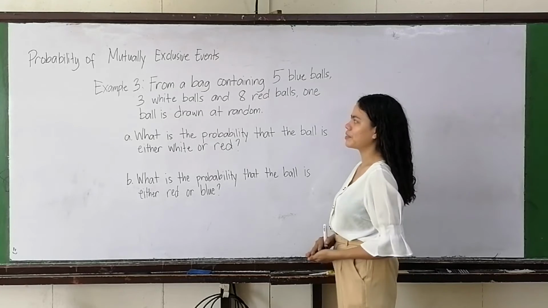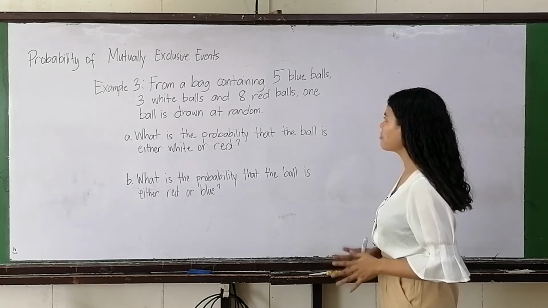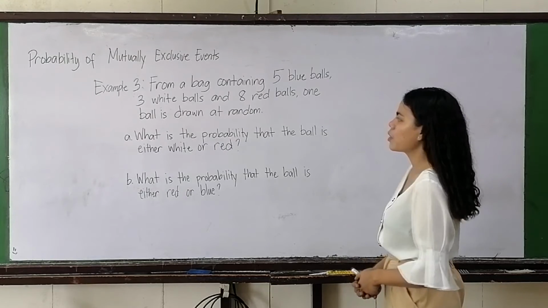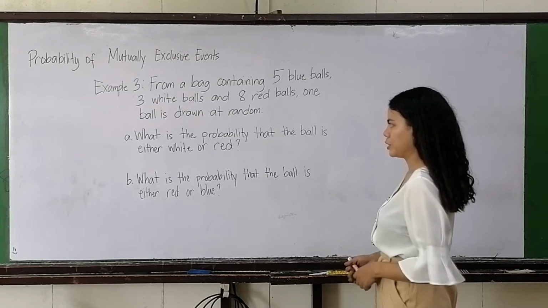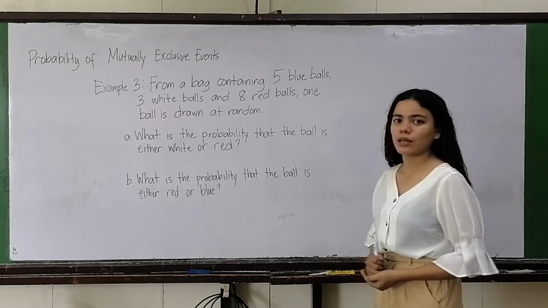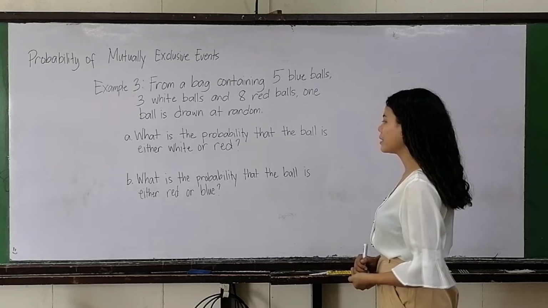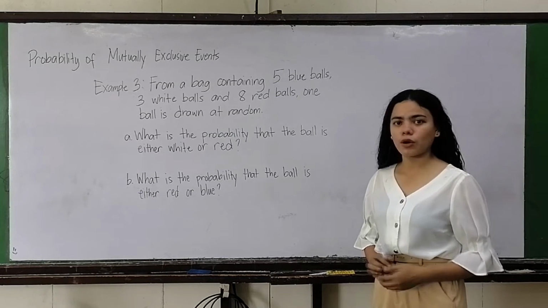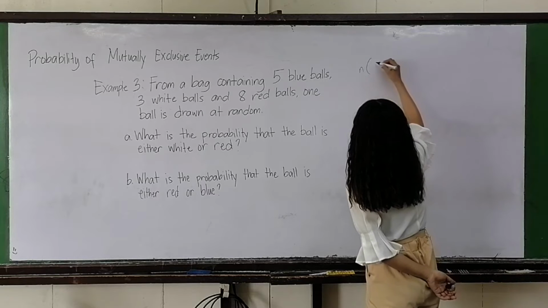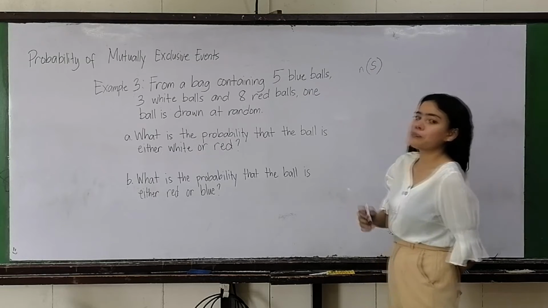Example number 3. From a bag containing 5 blue balls, 3 white balls, and 8 red balls, 1 ball is drawn at random. What is the probability that the ball is either white or red? And what is the probability that the ball is either red or blue? So first, we identify the number of outcomes for our sample space.